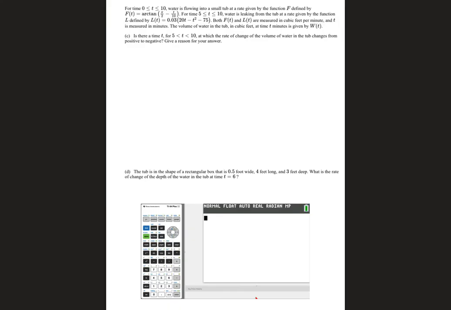So we're looking at the rate of change of the volume of the water, which for us is f of t minus L of t. Each of those are rates of change of the water. This is the rate that it's flowing in. This is the rate that it's leaking out.